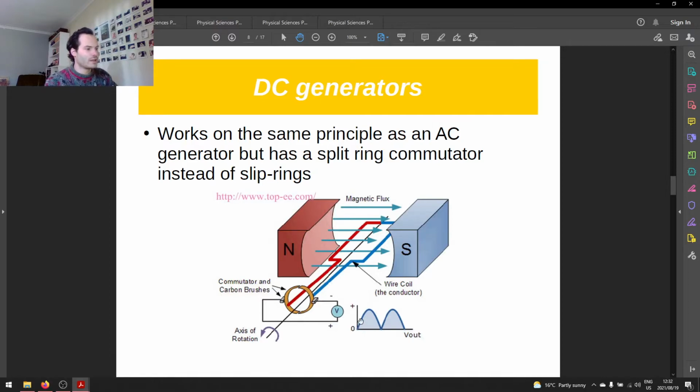And we can see it's like a sine graph here at the bottom, except it doesn't go underneath the x-axis, it stays on top. So we've got like a bunny hop that it does. That's what the DC generator's EMF or current is going to look like, and that's because the split ring commutator disconnects each side of the coil, so that current flows in the same direction through the external circuit.